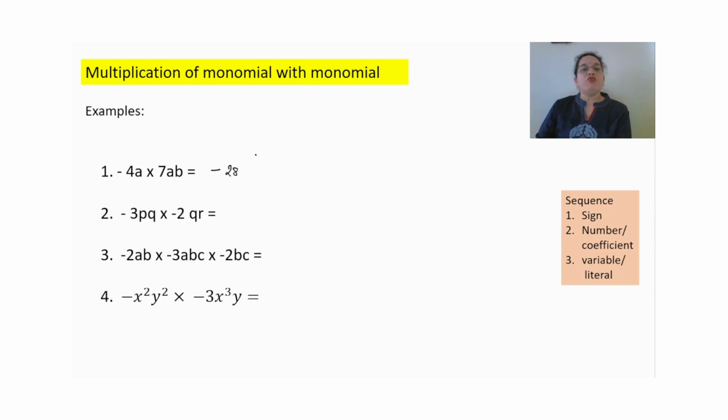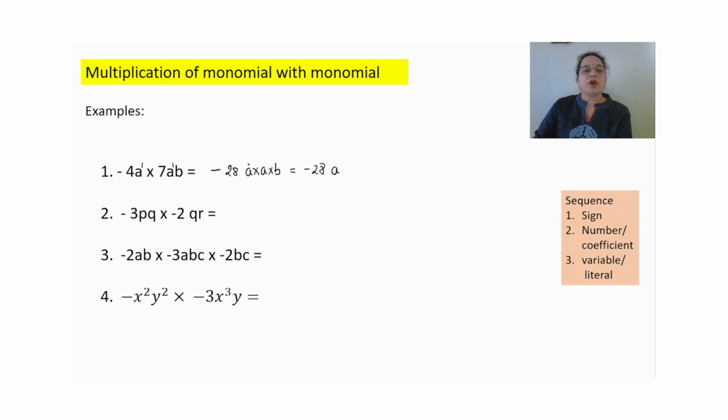And now when we write down the literal part, there is no power, it means 1, there is no power, it means 1. So a raised to the power 1, or if you have any confusion, first write down all the same base and then write down the base b multiplied by b. So now you can write down minus 28.